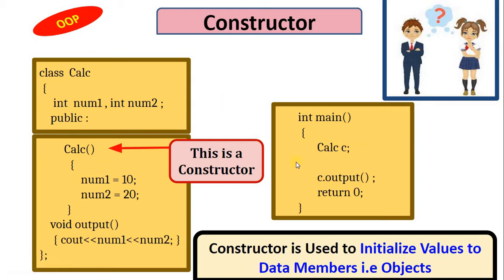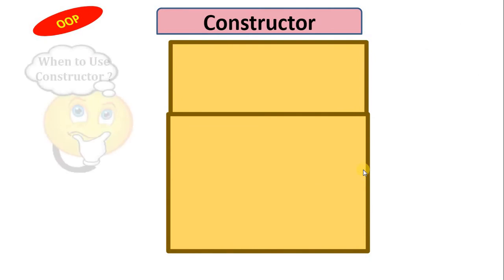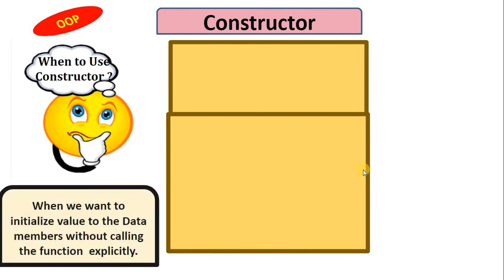Now if you remember, there the c.setNum function was called, where it was initializing the values of num1 and num2, but a constructor is initializing values and we are not calling the constructor. So this is the feature of a constructor: while you create the object, at that time only the constructor is called. So when to use a constructor? When we want to initialize the values of the data members without calling the function explicitly.